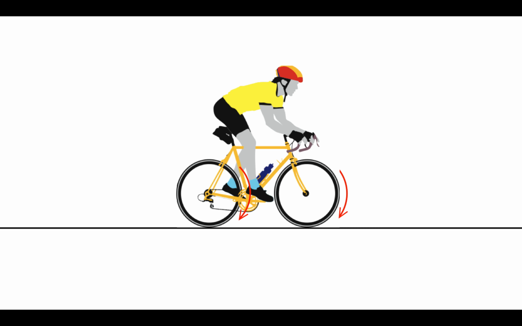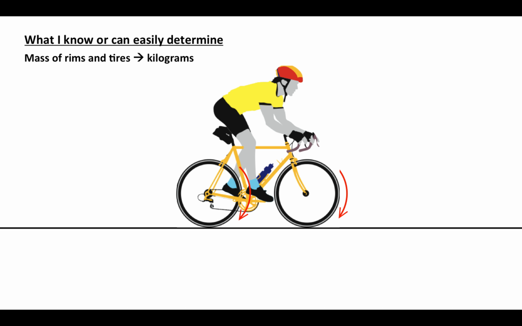With respect to rotational energy, this is what I know or can easily determine. The mass of the rims and tires in kilograms, and I know that the mass of the rims and the tires is overwhelmingly responsible for the moment of inertia of the wheel. I can also easily determine the radius of the wheels in meters, and that will allow me to compute the moment of inertia.